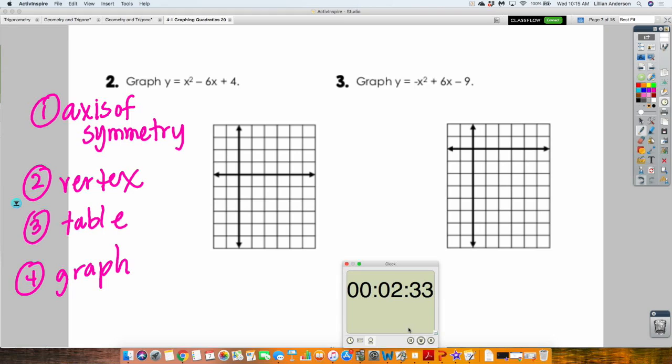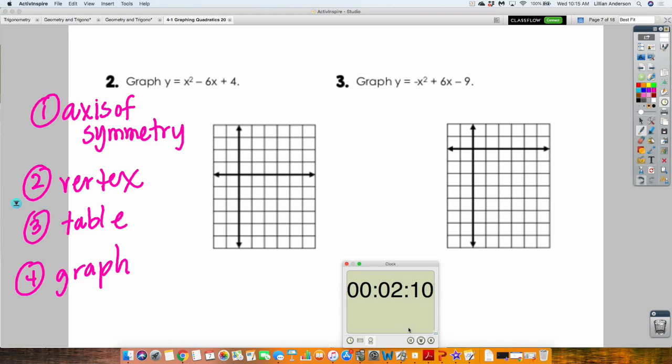Did 6 fit for anybody who plugged in 6? Yes, it's 4. That means if I plugged in 2, I should get -4.